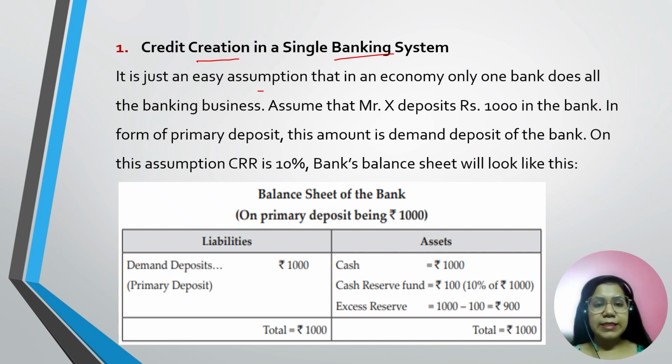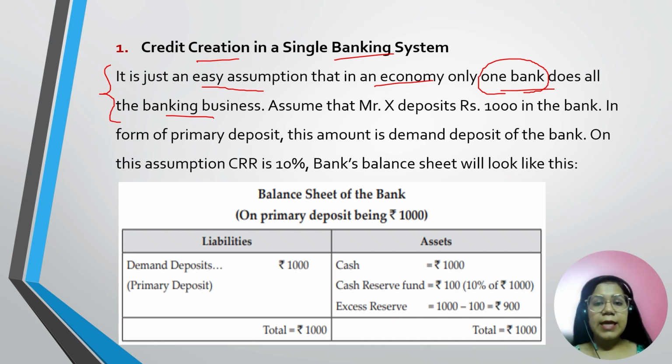So it is an easy assumption that in an economy, only one bank does all the banking business. So even though we know it is not so, but to understand our process of credit creation, first let's start with this assumption that there is only one bank which does all the banking business.